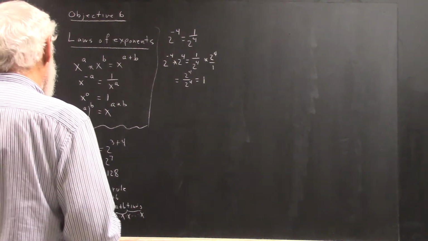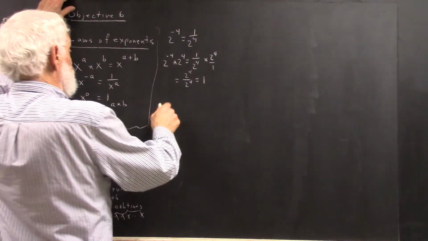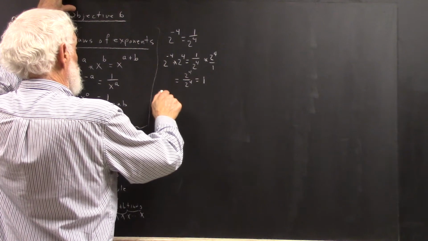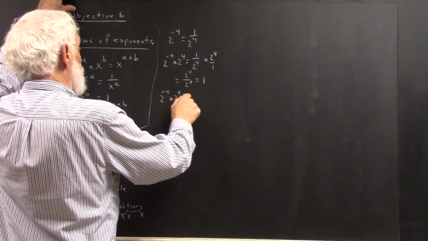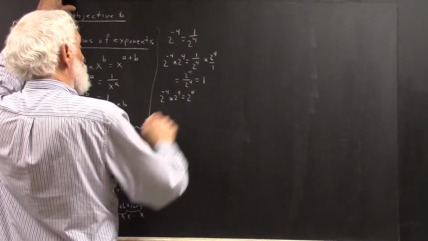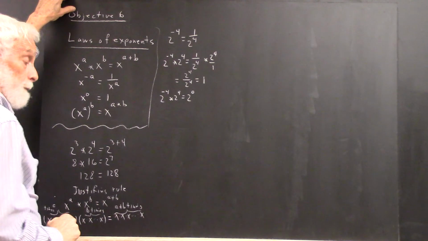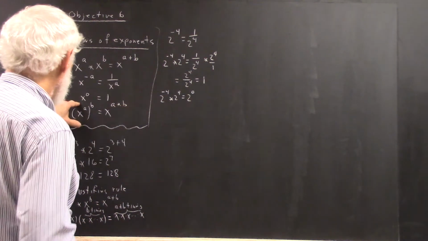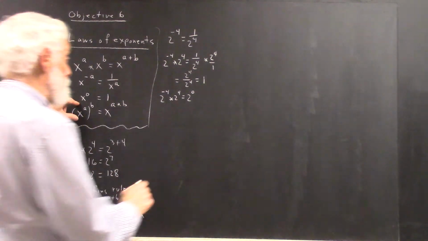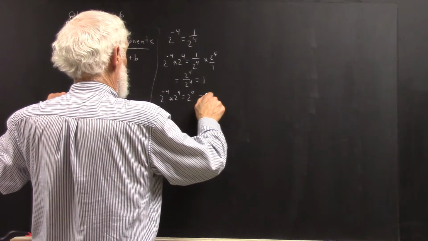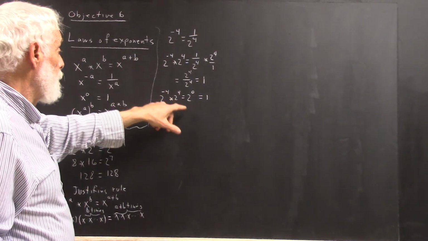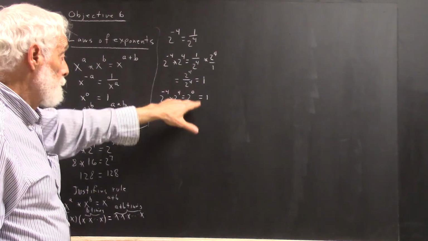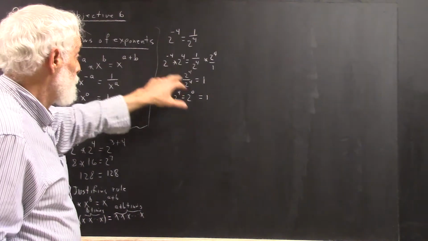And by the first law, 2 to the negative fourth times 2 to the fourth equals 2 to the 0. Now, using this rule, it equals 1. So 2 to the negative fourth times 2 to the fourth by the third rule should equal 1, and we see that it does.